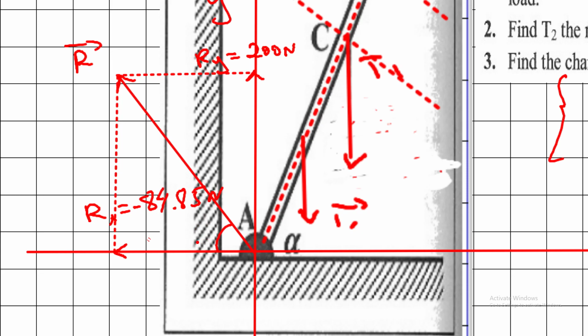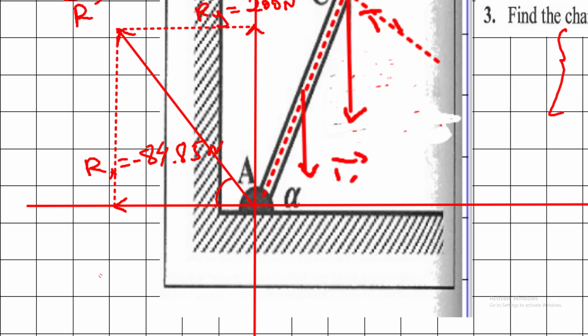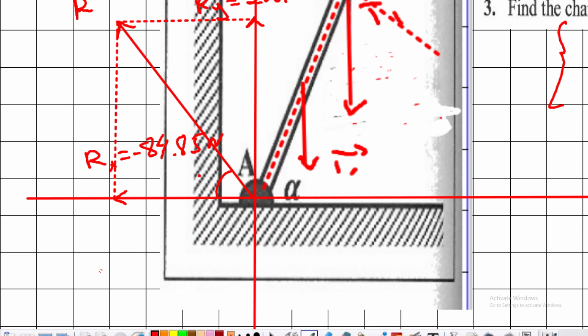Suppose this is the angle theta, then tangent theta is equal to opposite over adjacent.